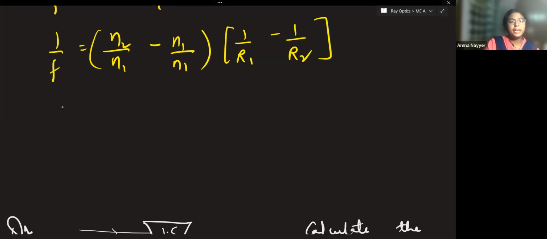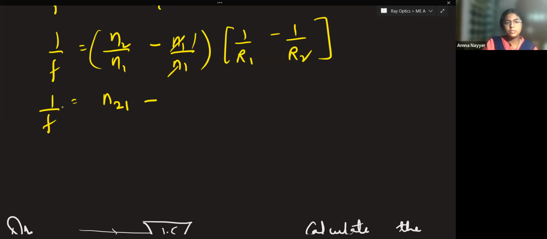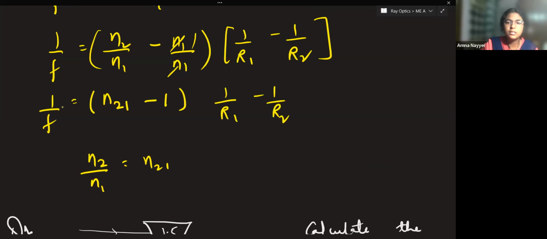So in 1 by f, this gets cancelled. This is 1. This can be written as n21 minus 1. See, n2 by n1 is written as n21, the refractive index of the second with respect to the first one. What is left? 1 by r1 minus 1 by r2.